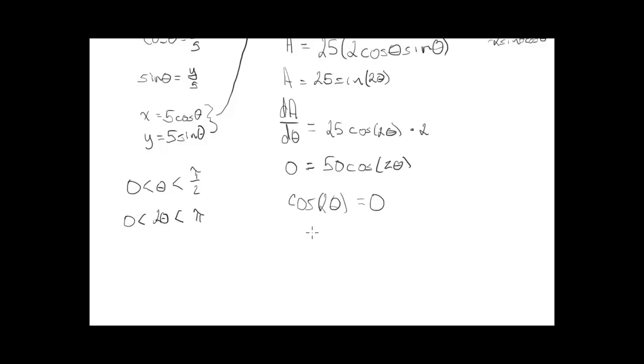So when does cosine equal 0? Cosine is 0 at pi by 2. Dividing both sides by 2, I get pi by 4. So this is the critical number.